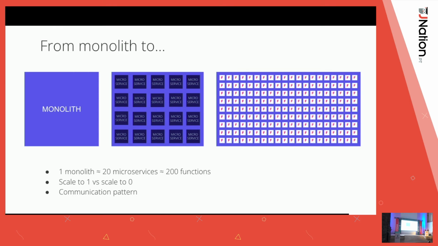If you go all the way and replace your monolith with lambdas and functions, then that amounts to even more of them. So it becomes important that when you deploy to the cloud, you're able to scale to 0, and then startup time becomes an issue. You want your functions to start as fast as possible and be as small as possible in terms of memory usage.